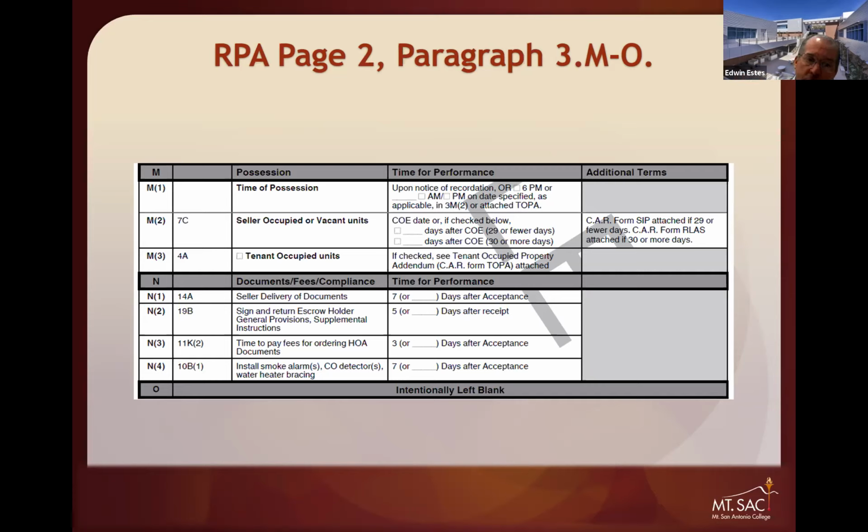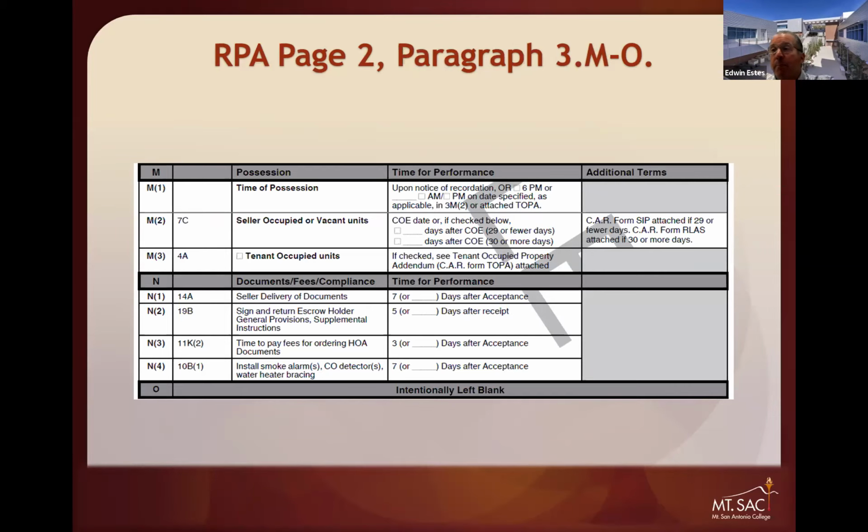And the seller is going to install a smoke alarm, carbon monoxide detector, and water heater bracing within 7 days after acceptance. Now, who's going to pay for that will be negotiated in a later paragraph. But the seller needs to install it, all right? So you can have the buyer pay for the installation and pay for the devices, but the seller still needs to install it within 7 days.